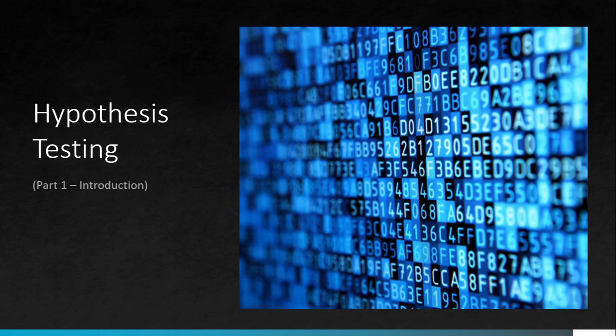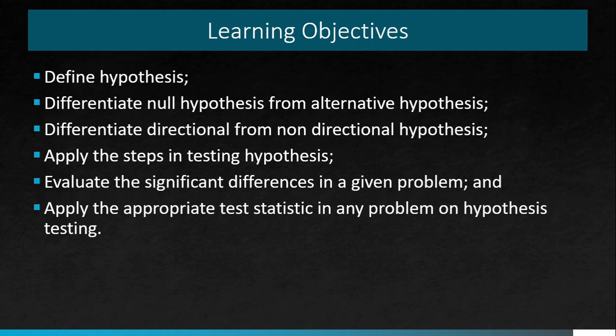So for our learning objectives, at the end of this six-part series, my expectation is that you, being students, know the definition of hypothesis and be able to differentiate null hypothesis from alternative hypothesis and directional hypothesis from non-directional hypothesis.